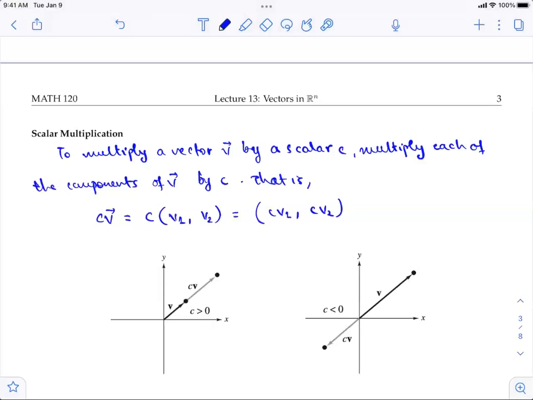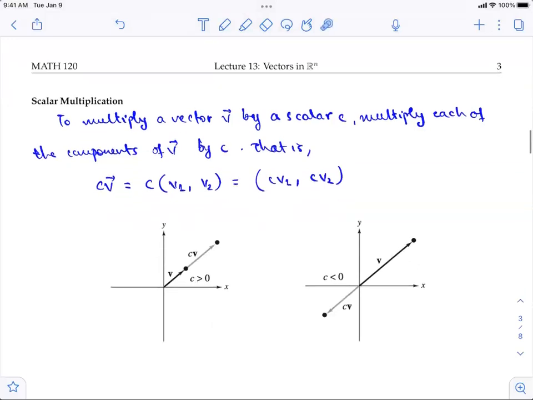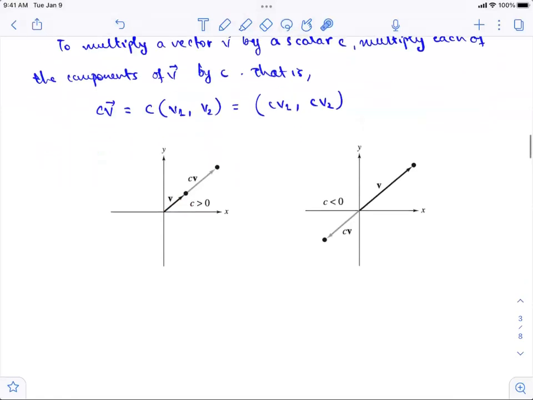And also the sign of c matters as well, because if c is positive, the constant multiple c times v is going to be in the same direction as the original vector v. If c is negative, then c times v is going to be in the opposite direction of the original vector v.